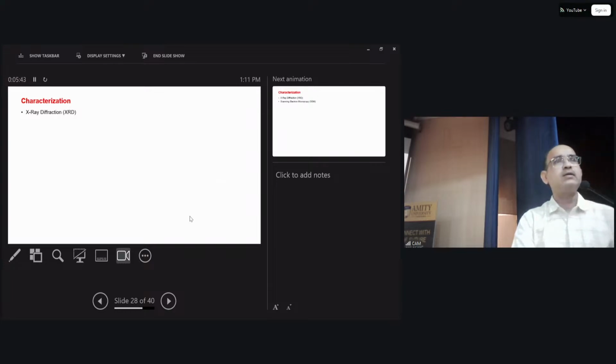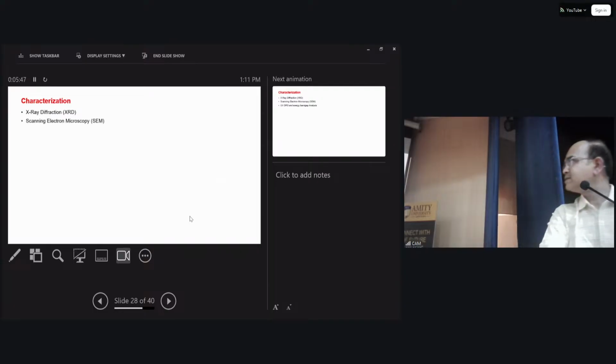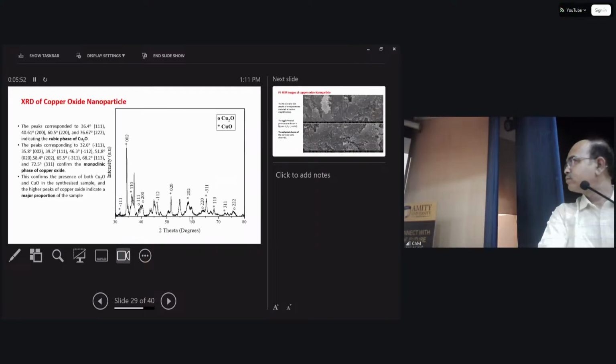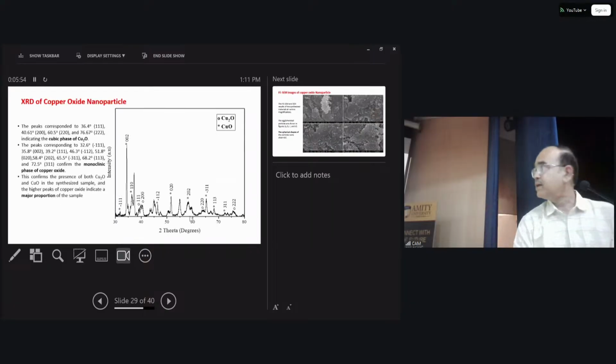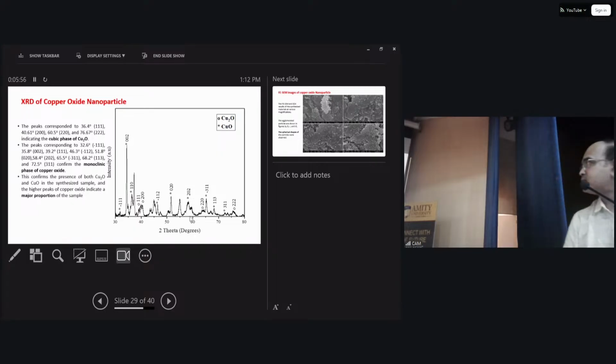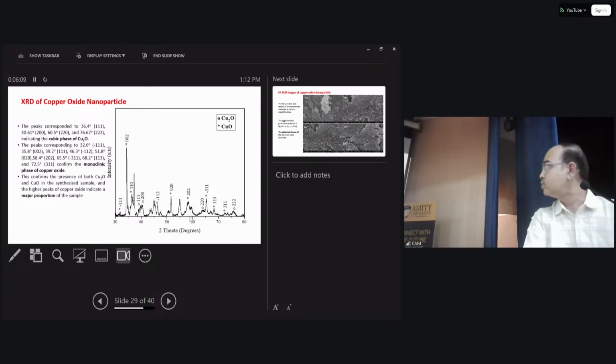If you are synthesizing any material, the first step is to get the X-ray characterization, then size, shape, morphology, and specific values. So this is the XRD of copper oxide which was synthesized, and here you can see there are two phases, Cu2O and CuO, both are present, and from the peaks we can say that the major peaks are for CuO, so the dominance in the material is of CuO.